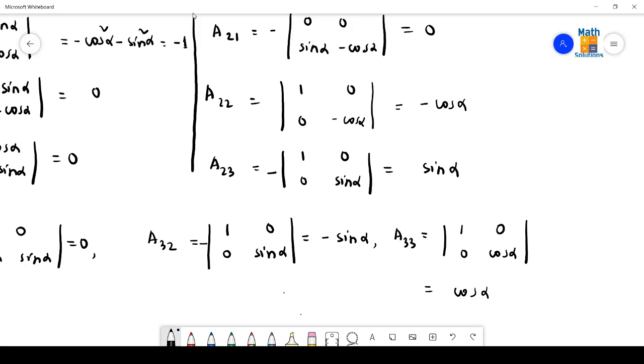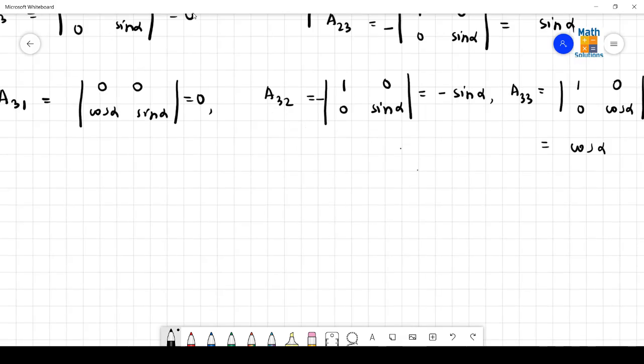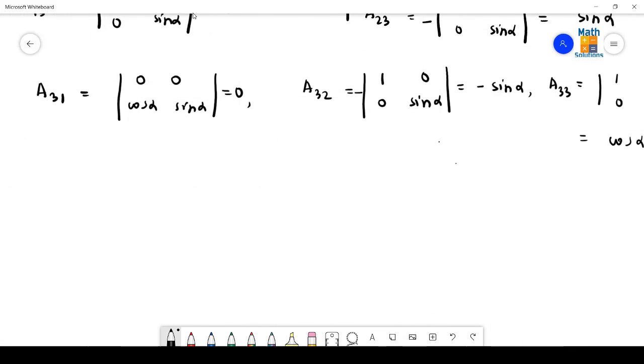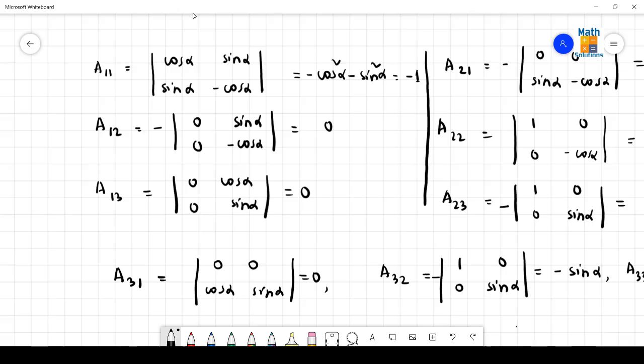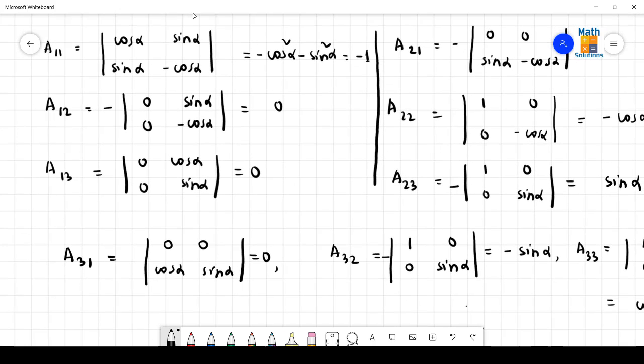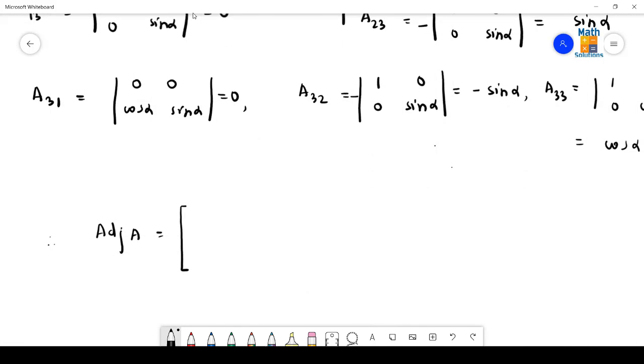Now let us place these elements in the cofactor matrix. Therefore, adjoint of A is equal to, first consider the first row elements: minus 1, 0, 0.